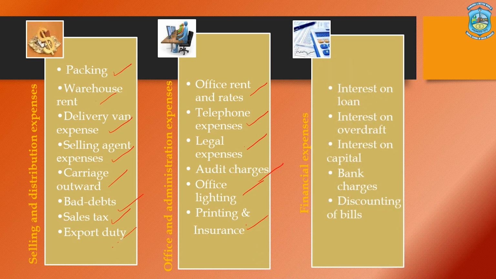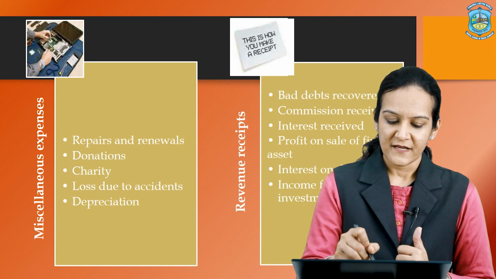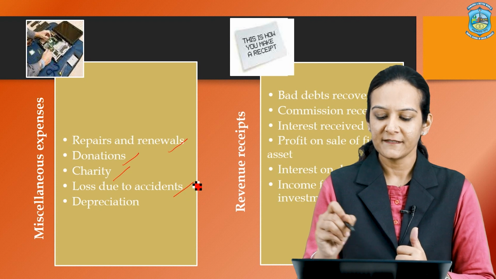Then you have certain financial expenses also under your profit and loss account, that is interest on loan, interest on overdraft, interest on capital, bank charges, discounting of bills. Then there are certain miscellaneous expenses that are also recorded at the debit side like repairs and renewals, donation, charity, loss due to accidents and depreciation.